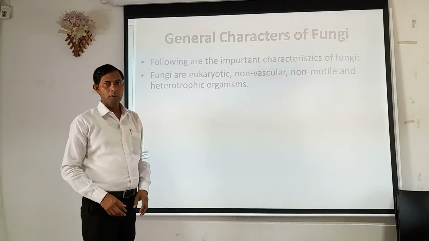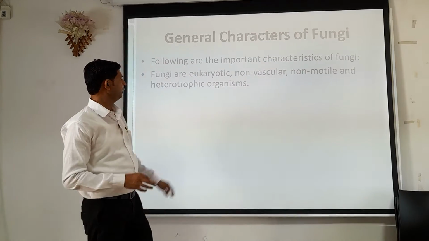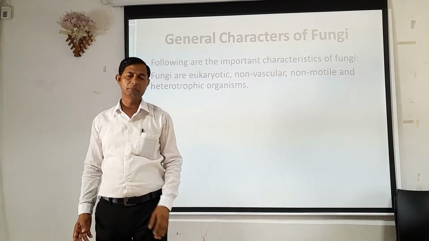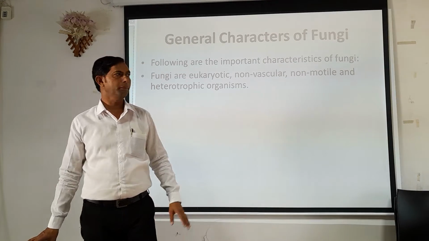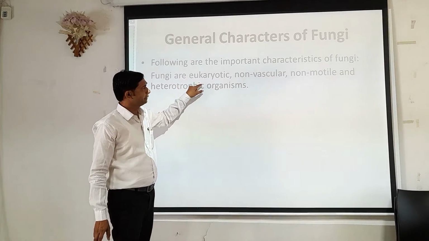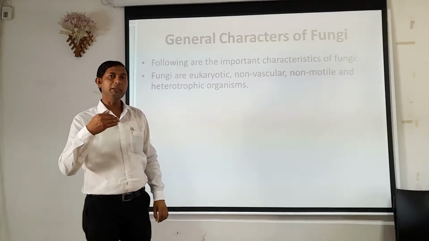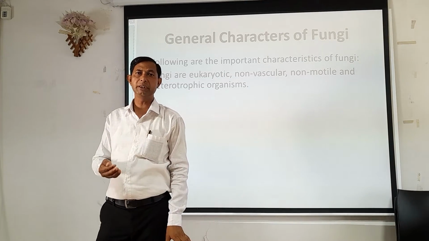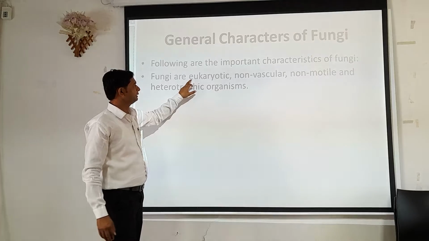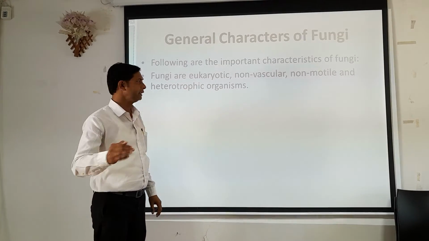Say for example, fungi are eukaryotic. Now the first thing we know very well is about eukaryotic and prokaryotic organisms. We discussed this topic in bacteria also. What is eukaryotic? Eukaryotic organisms are the evolved ones, which have a developed nucleus. That is the meaning of eukaryotic. We already discussed this topic.